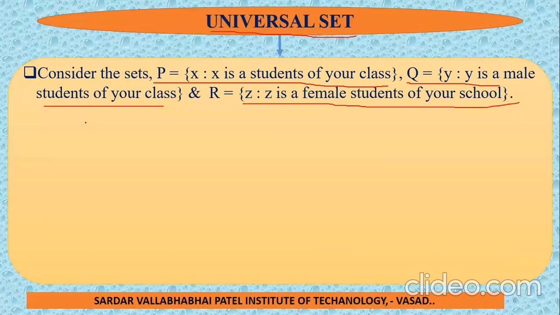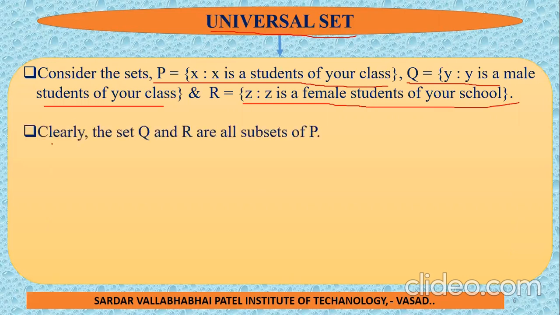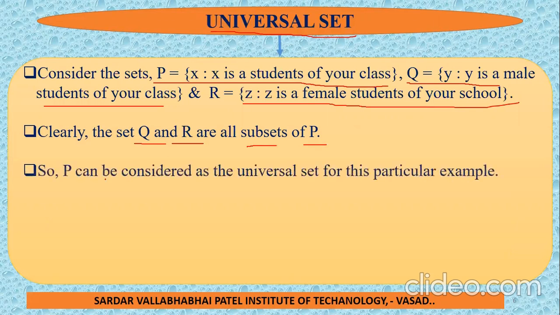So P is the total students, Q the male students and R the female students. So clearly Q and R are both subsets of P. So P can be considered as the universal set for this particular example.